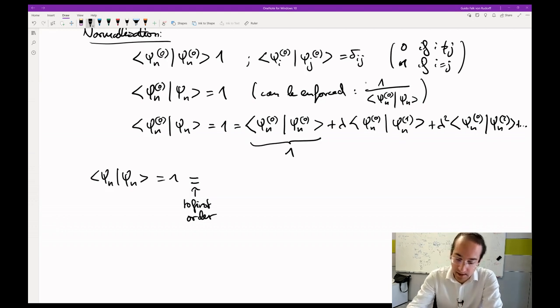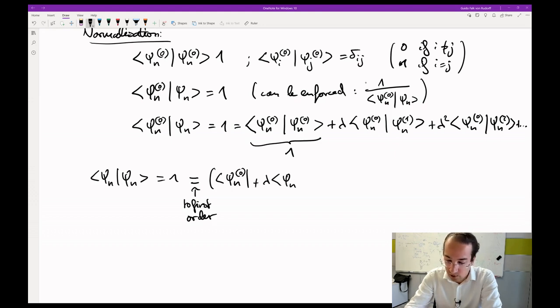If that is true, then we first have these two cases plus lambda first order.